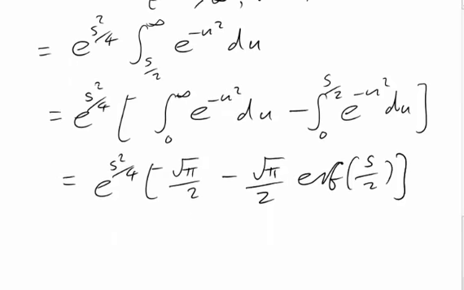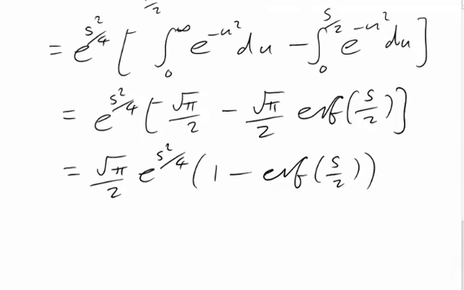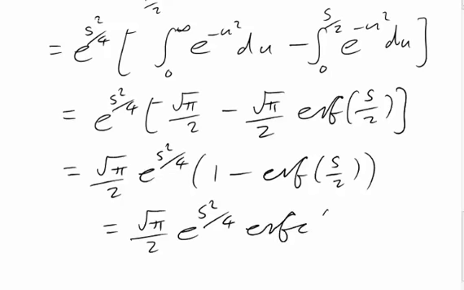And if we take out the root pi over 2 as a factor, and the exponential is still there, and now we have 1 minus the error function of s over 2. And we can tidy that up by recognizing that 1 minus the error function is just called the complementary error function of s over 2.